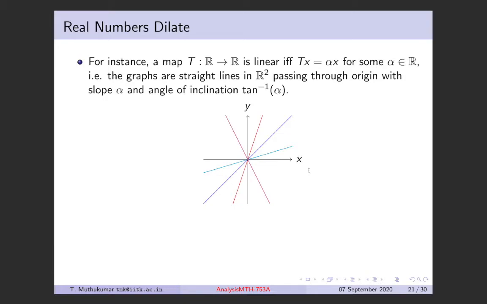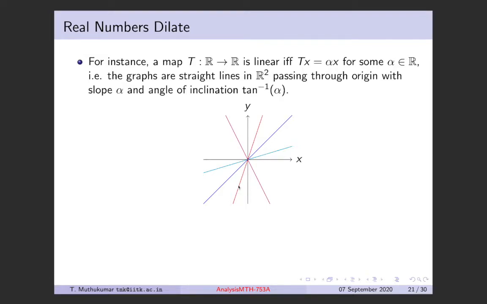That's what we are saying here. I have given a graphical representation here. In this picture, I have just shown all possible linear maps in one picture. Each color represents one linear map. So what is this saying? That every linear map from R to R is actually a real multiple of x, where this alpha relates to the slope of the graph of that map.